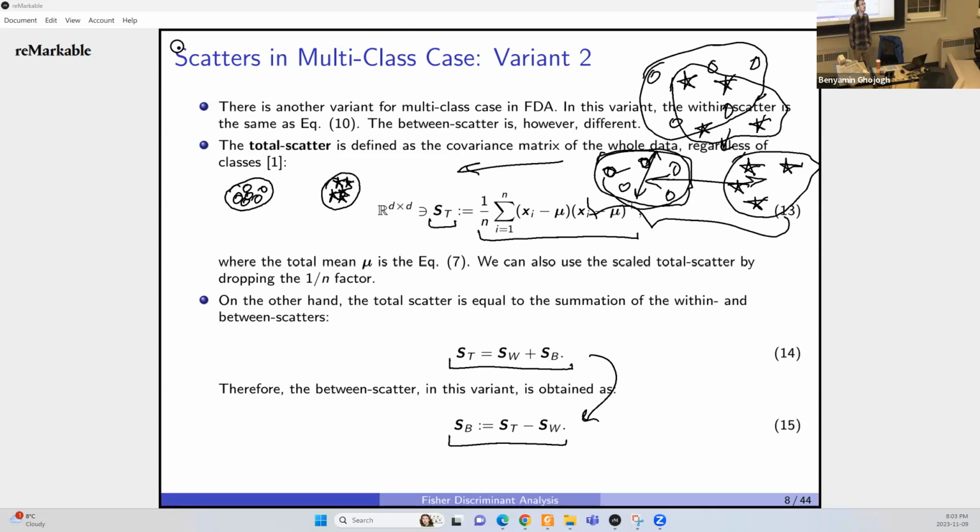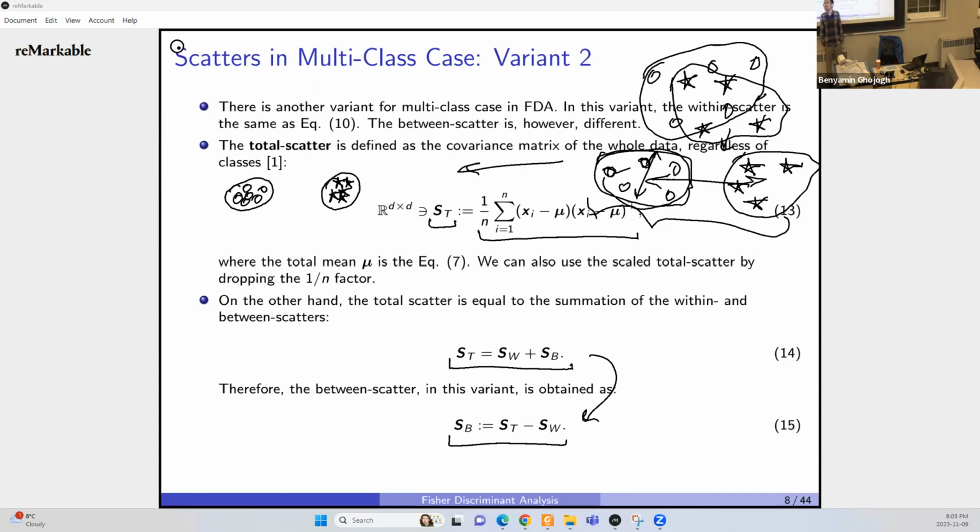By the way, have you heard of the iris flower dataset in machine learning? It's one of the very simplest benchmarks in machine learning. Just as MNIST is famous, the iris dataset is also famous, very famous in statistics and machine learning. But it's a simple benchmark.